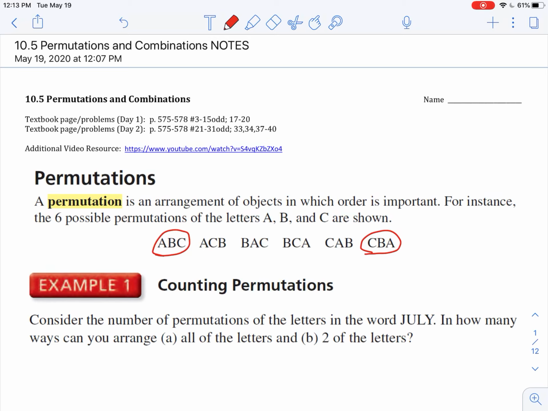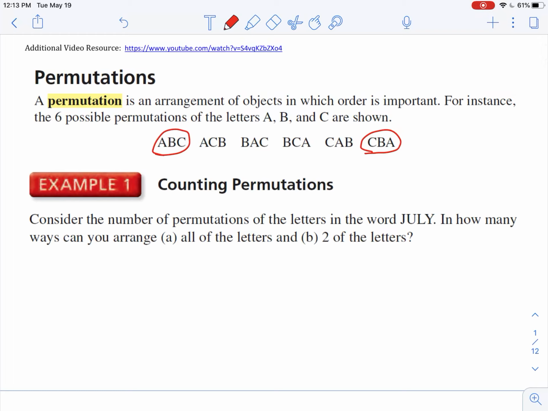In how many ways can you arrange all of the letters? And how many different ways could you arrange 2 of the letters? Let's just focus on problem A. So when I think about arranging all of the letters in July, I think about 4 different positions that I could put a letter in. I have 4 letters to choose from.